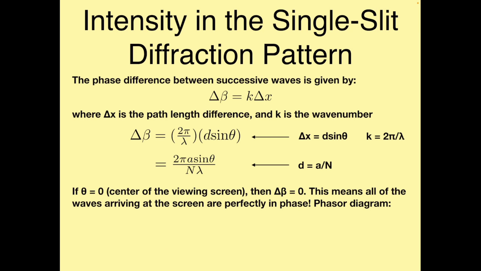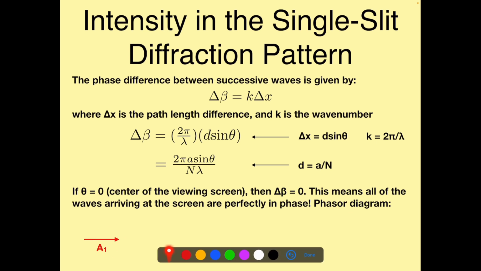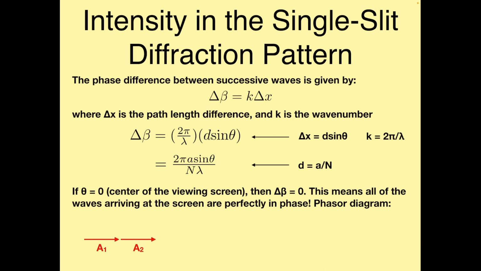So now let's draw a phasor diagram of that situation. Basically, we have a wave coming from the first point with amplitude A1. And then we have another wave coming from the second point with amplitude A2, but there's no phase difference between them, so I show 0 angle between these two phasors.